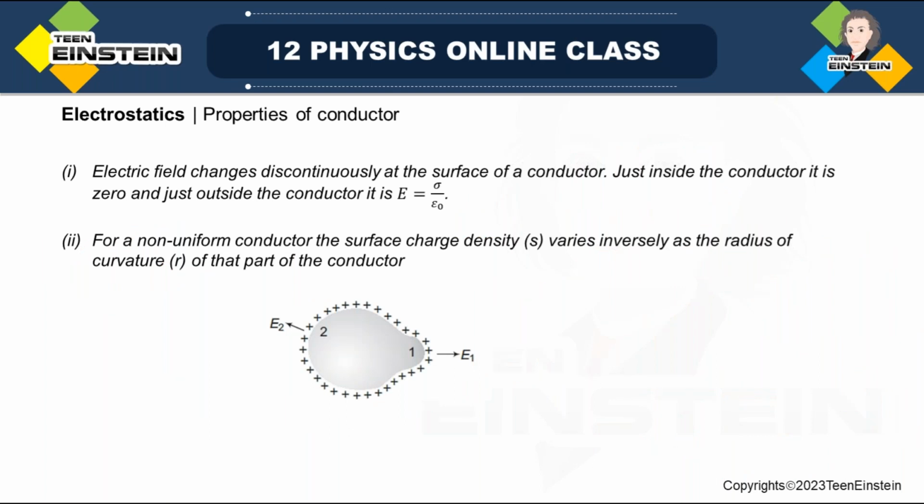Now one more point is that the electric field over the conductor surface will be different at different places. Suppose I have such a conductor, and you see the curvature of this surface at this point is more than here. And you know the surface charge density is inversely proportional to the radius of curvature.